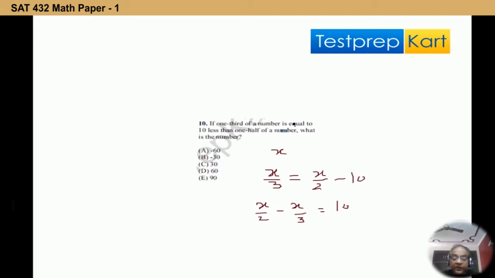Okay. So let's take LCM, and this gives me 3x minus 2x is equal to 10. Okay, so that's x divided by 6 is 10, and after cross multiplying, it will give me x equal to 60. X equal to 60 means option D is correct.